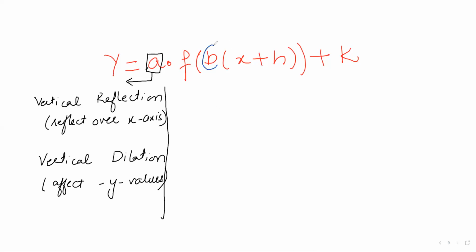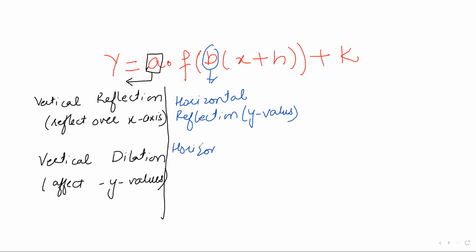I have a factor B over here. What is this B going to do? This B means the reciprocal of horizontal reflection. Horizontal reflection affects y values, or it can be horizontal dilation.